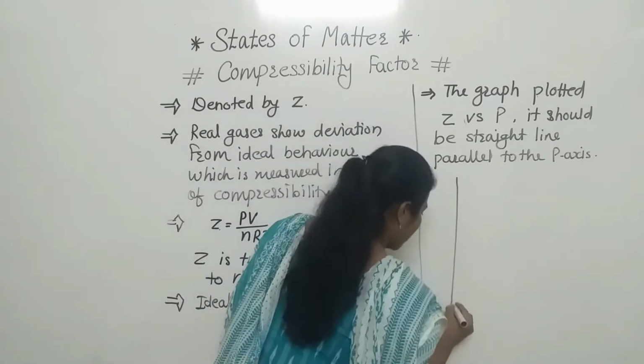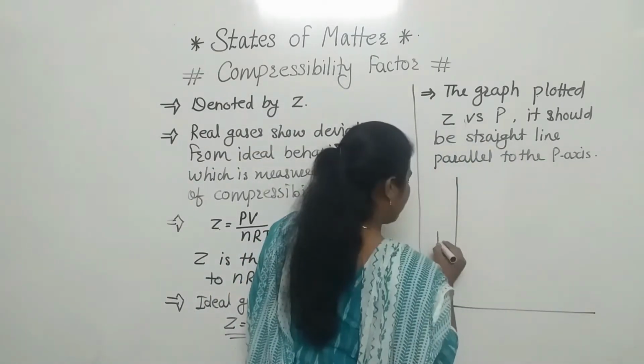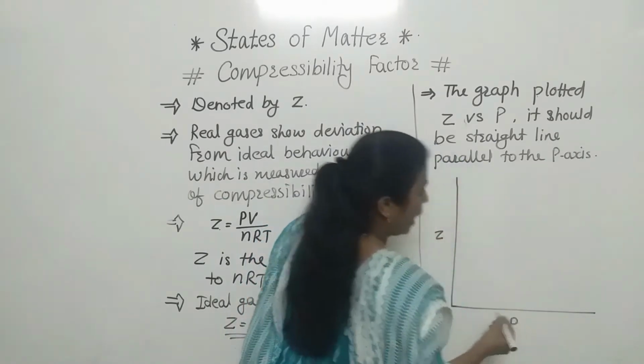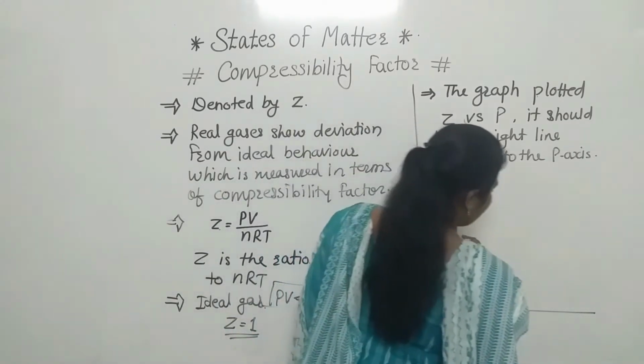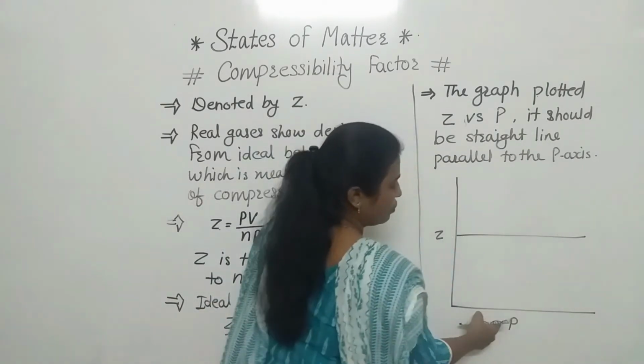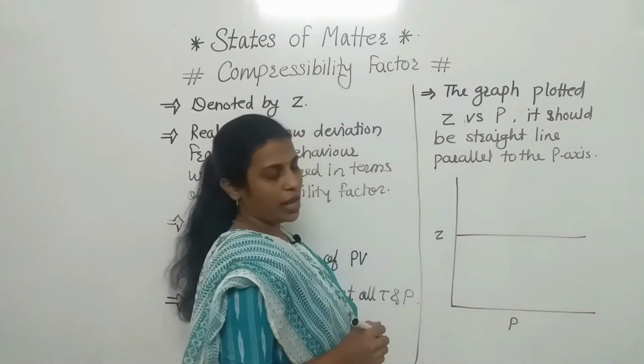This is the expected graph if gases are ideal gases or showing ideal behavior; they should be in a straight line parallel to the pressure axis.